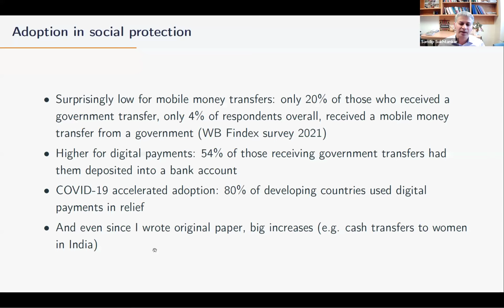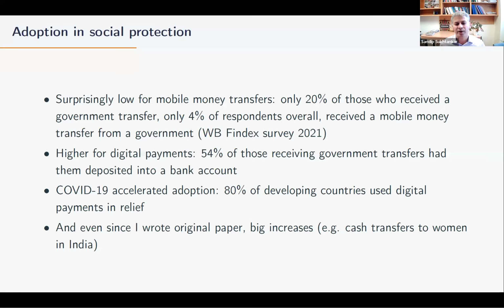Even since I first started writing the paper on which this lecture is based, there have been big increases. Just in India, which I know a lot about, there have been huge increases in various state and central government schemes that give direct cash transfers, direct benefit transfers of cash, especially to women, but others too, or just to farmers, for example.